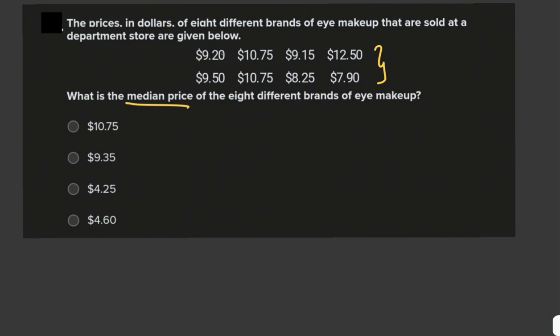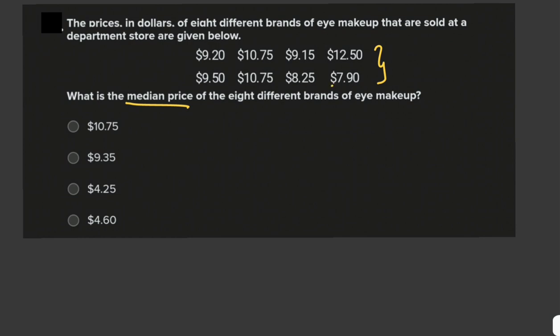We have 8 values here. Since it is even, the median would be the average of the two middle values. So we just have to arrange this from least to greatest.